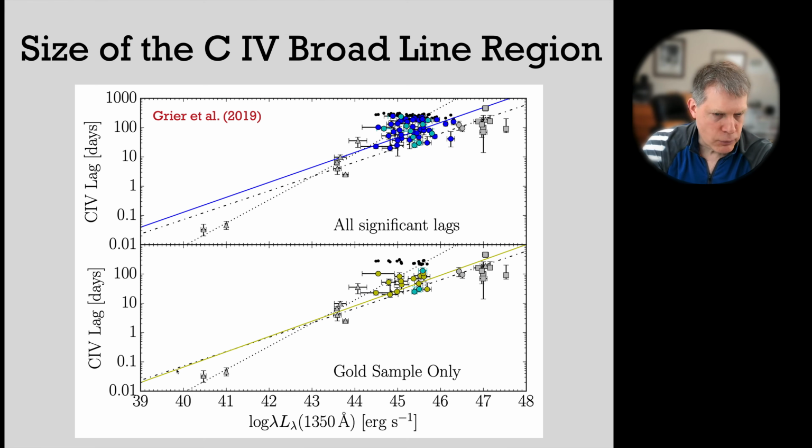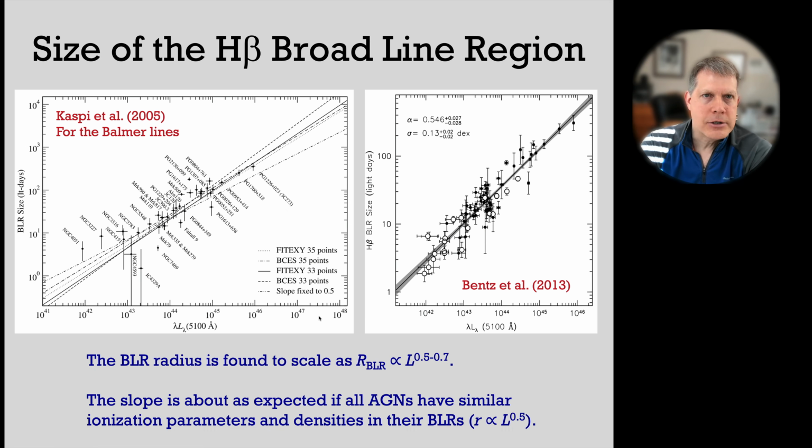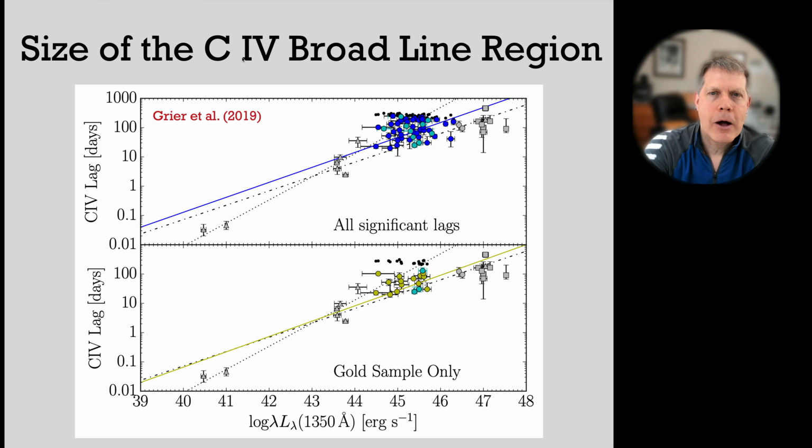You can see there is pretty clearly a carbon 4 radius-luminosity relation as well, although this relation has more scatter. Interestingly, you find that for a given luminosity, the carbon 4 line has a smaller physical emitting region size than H beta, telling you that they are actually coming from physically different regions in the AGN structure. I'll say more about that soon.